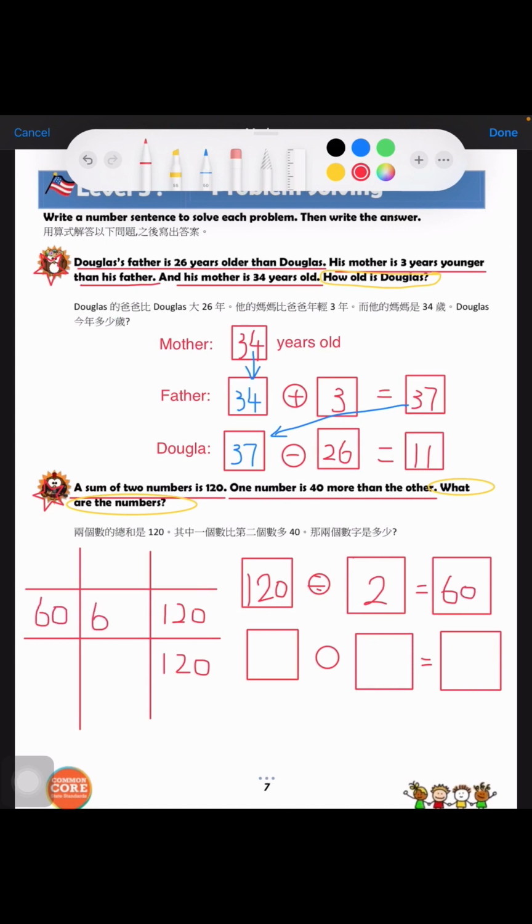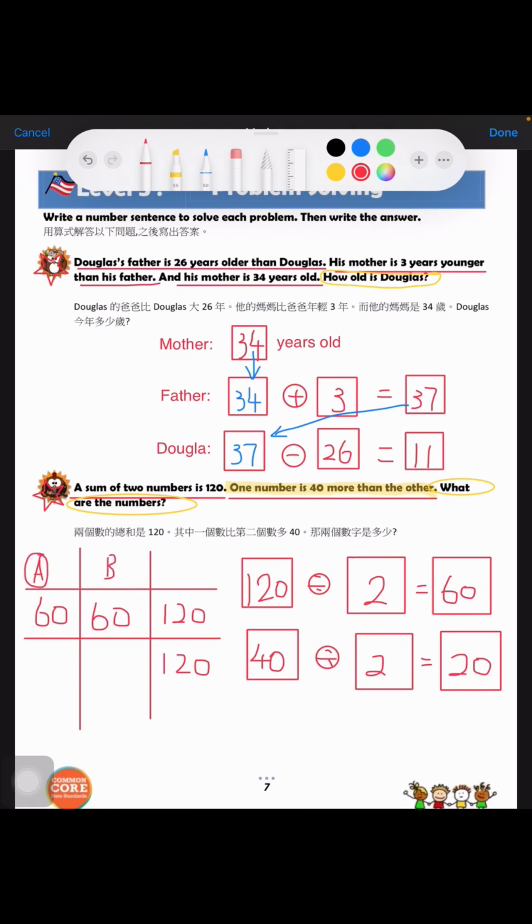Then, the question states that one number is 40 more than the other. So we can divide 40 into 2 equal parts, which equals 20.